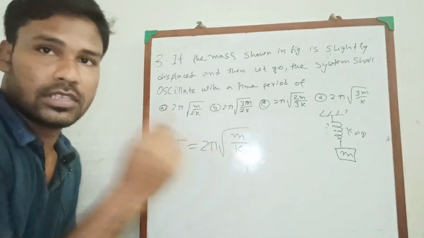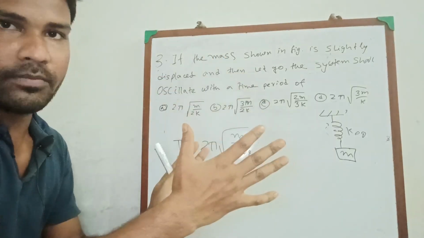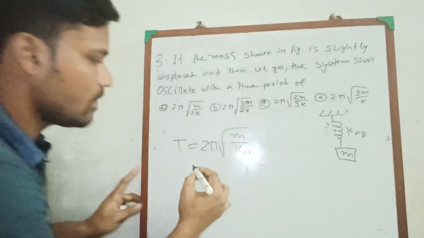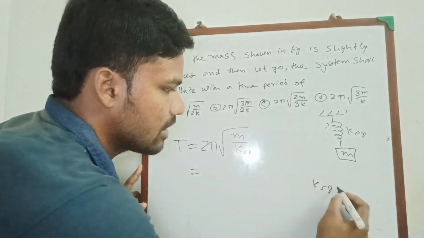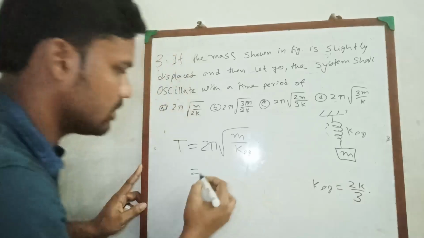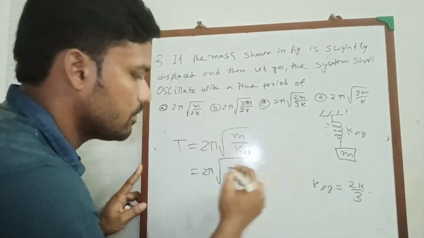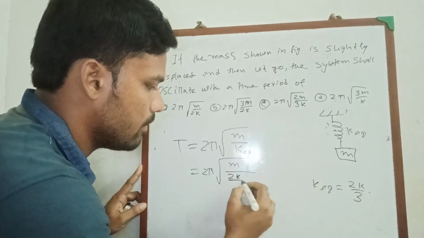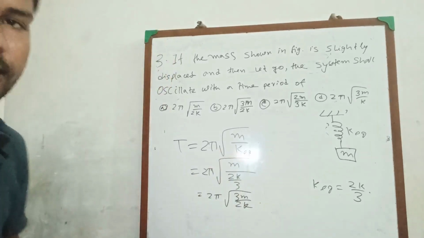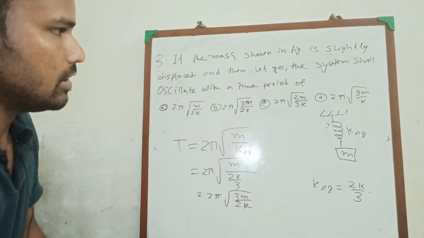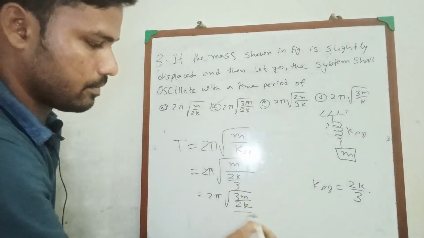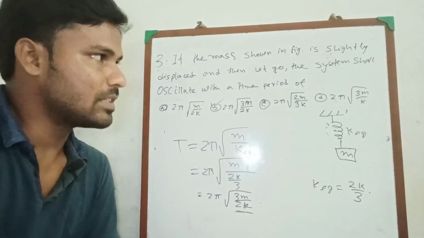So we converted the whole system into a single spring with spring constant k equivalent, which we calculated as 2k/3. Putting it in, m stays the same, so the time period is 2π√(3m/2k). This is our answer, option B: 2π root over 3m by 2k.